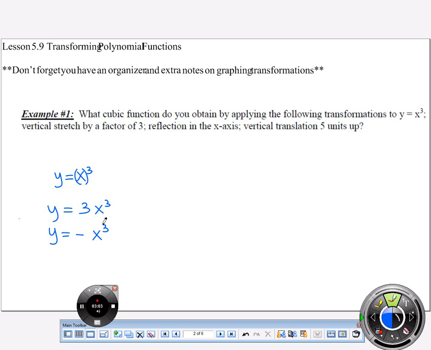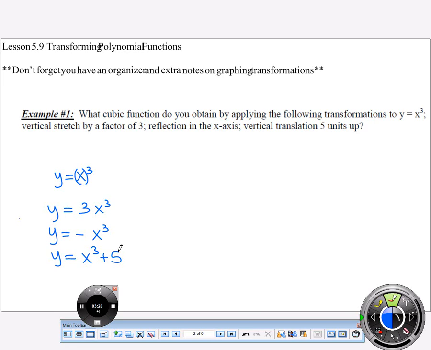Lastly, it says a vertical translation of 5 units up. Okay? So what's going to translate our function 5 units up? What are we going to have to do? Yeah. Good. You're going to have your x cubed, and then after that, you're going to add 5 to shift it 5 units up. So to shift this function 5 units up, we would add 5.